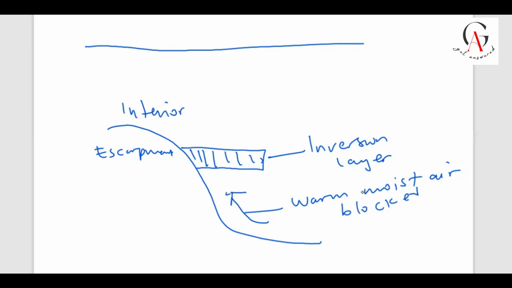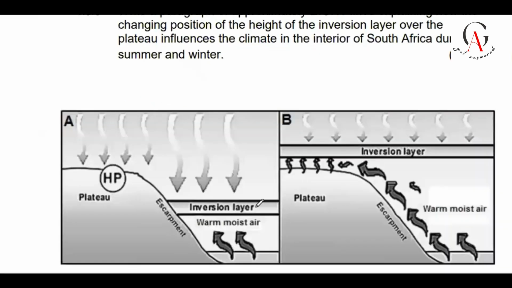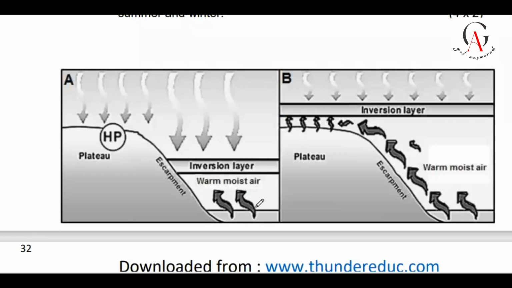So this warm moist air from the ocean cannot penetrate through this point because the inversion layer has been pushed further downwards due to stronger subsidence. Therefore, we say that diagram A represents winter conditions.